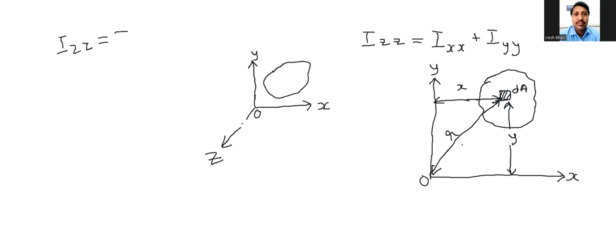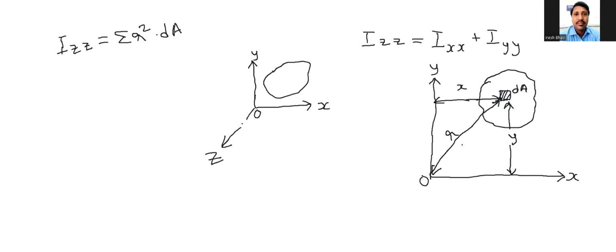Summation of the distance of this area from the z-axis, that is from point O, which is r, hence r square, into the area dA. Hence Izz is equal to summation of r square dA.